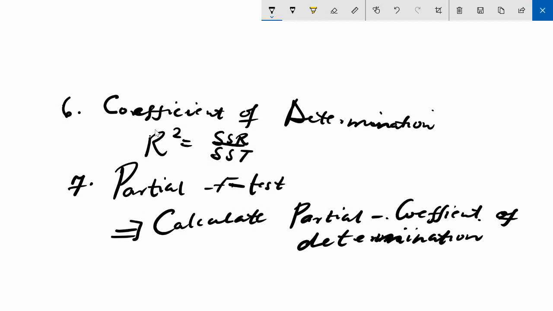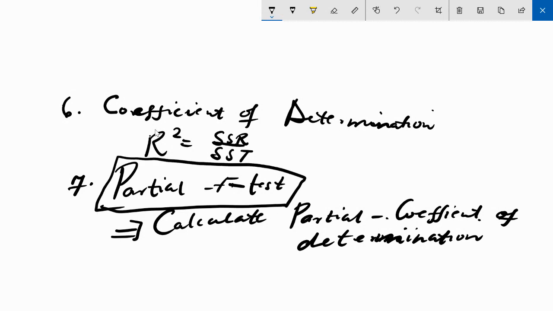These are some of the things that we're still going to cover. Number seven is related to the partial F test. Since you know how to do the partial F test, I don't think it will be difficult for you to understand how to find the partial coefficient of determination.